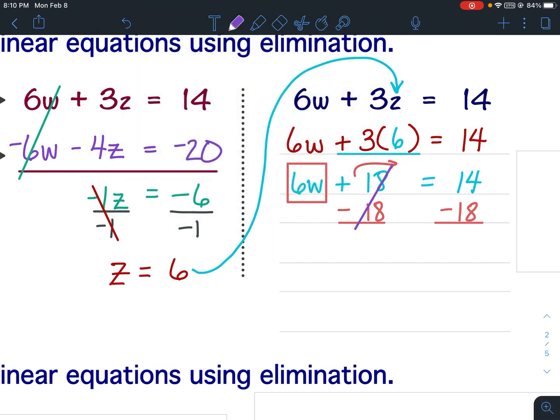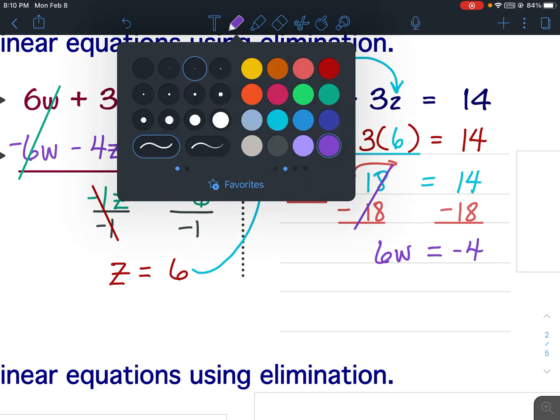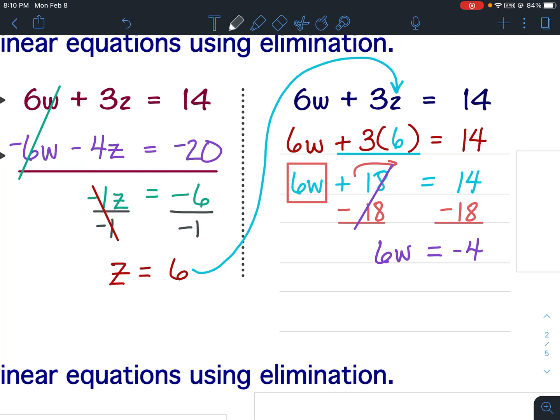The 18s would cancel. Bring down the 6w. 14 minus 18 is negative 4. Last step, isolate the variable by dividing. So I'm going to divide both sides by 6.